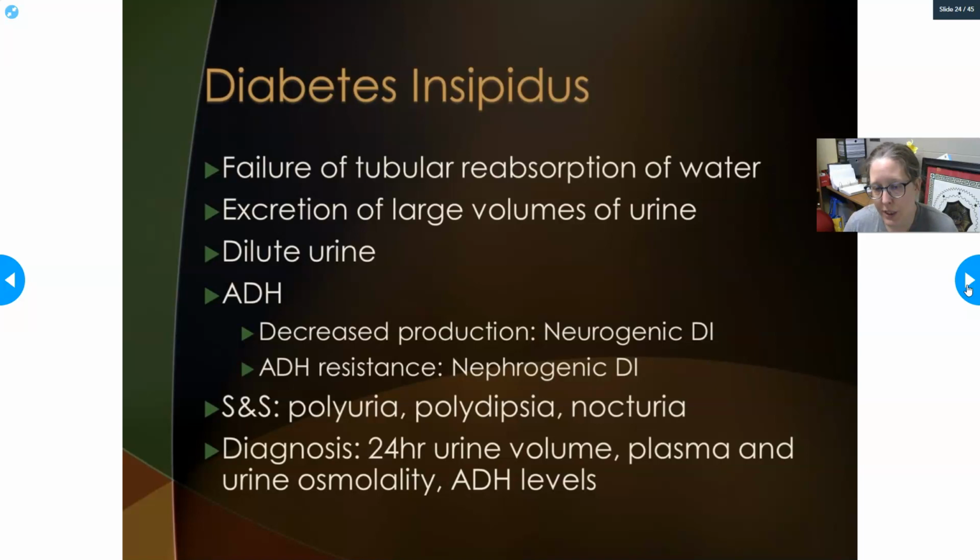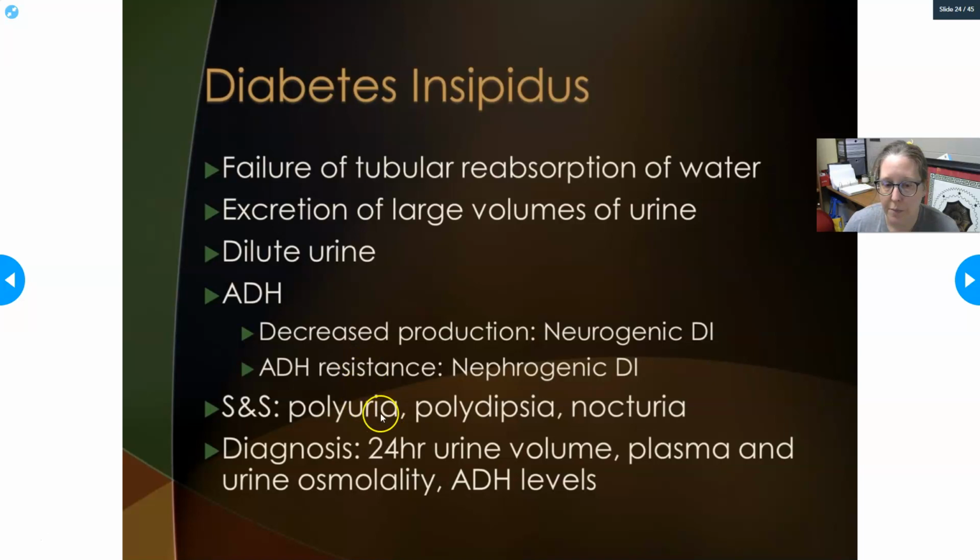If they have nephrogenic diabetes insipidus, they have enough production of antidiuretic hormone, but the kidney has a resistance to the effect, so it's not having the effects it needs to have on the kidneys, and therefore water is not being retained. The signs and symptoms are polyuria, polydipsia, and nocturia.